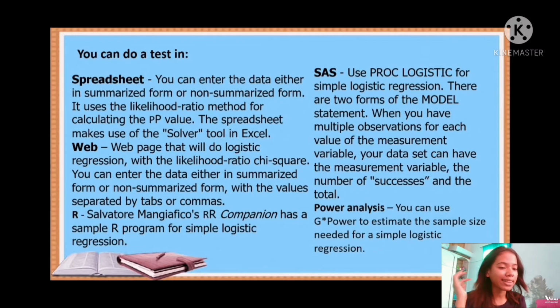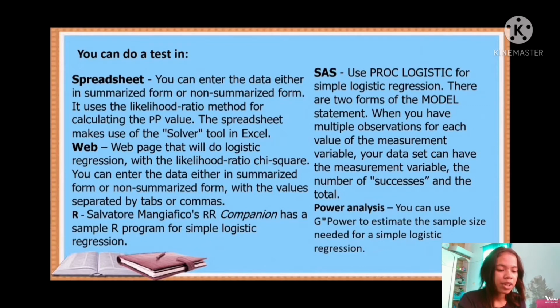So you can do the test in some apps or on the web. Spreadsheet: you can enter the data either in summarized form or non-summarized form. It uses the likelihood ratio method for calculating the p-value. The spreadsheet makes use of the Solver tool in Excel.